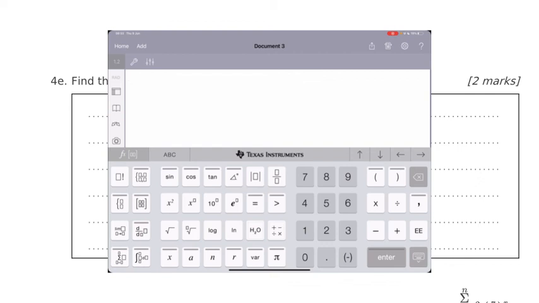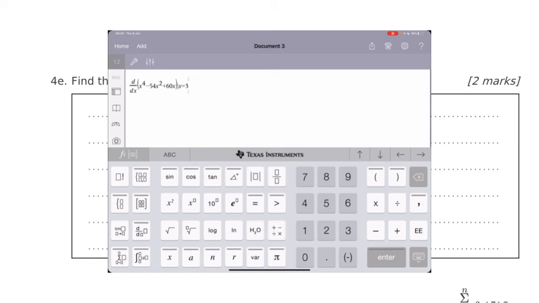So let's open the differential. Now type in x to the power of 4 minus 54x squared plus 60x, come out of the brackets, at x equals 3.